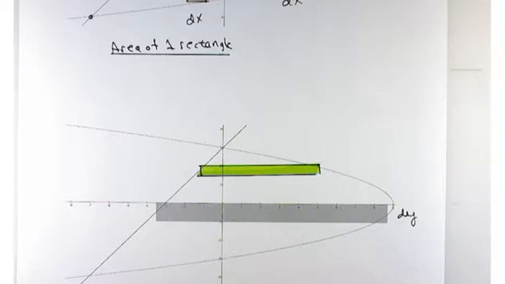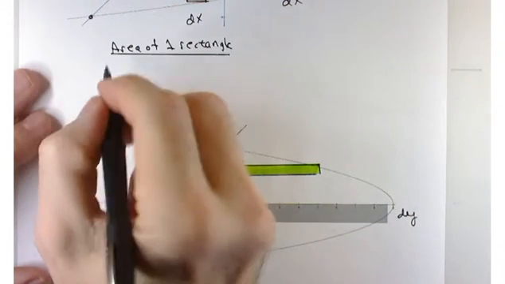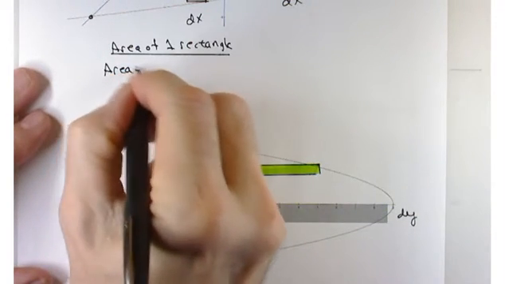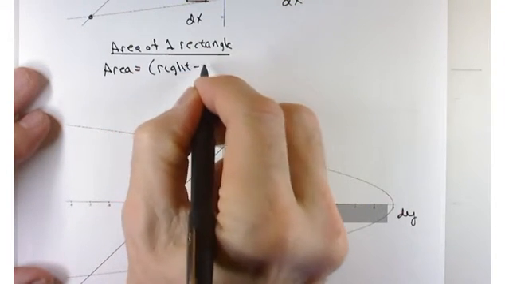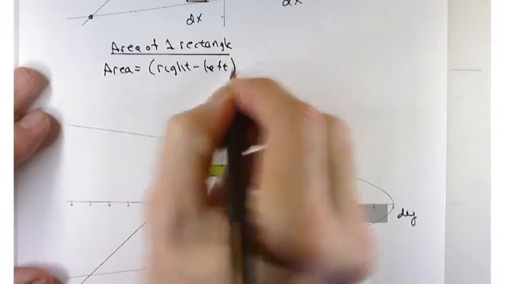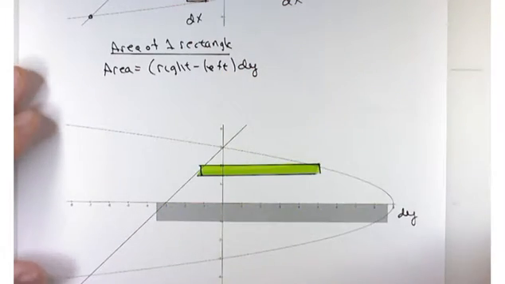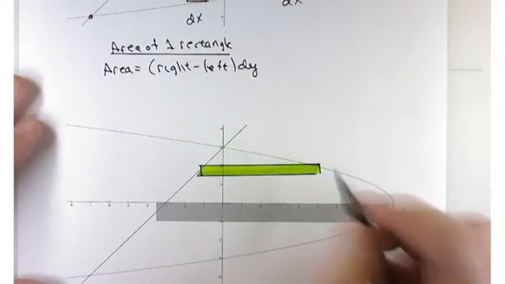When we were taking a dx slice, the height of our rectangle was the top minus the bottom. This time I'm going to need to characterize the width. The height here is just going to be dy. So the area is going to equal the rightmost function minus the leftmost function times its new height, which is dy.